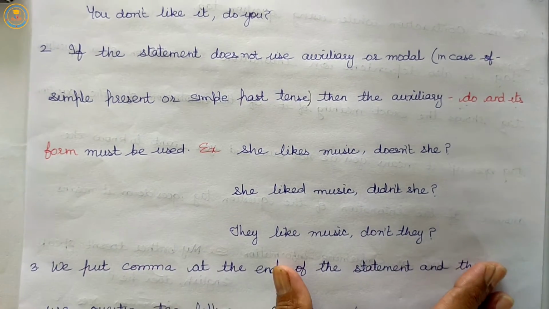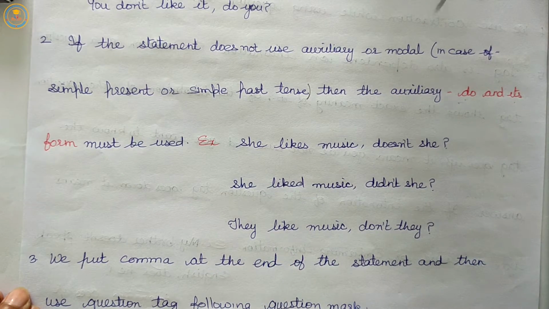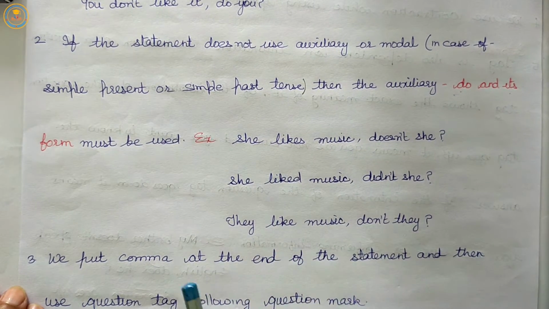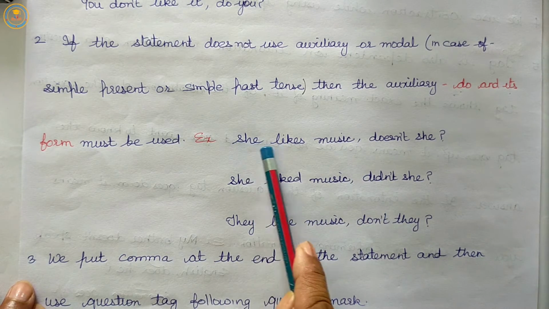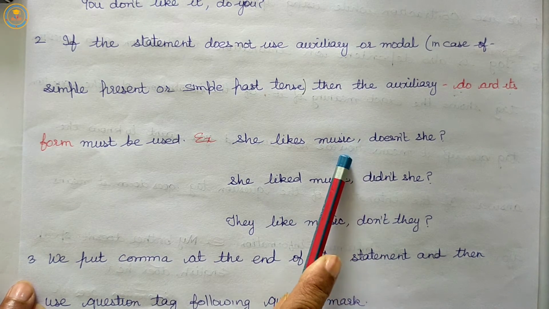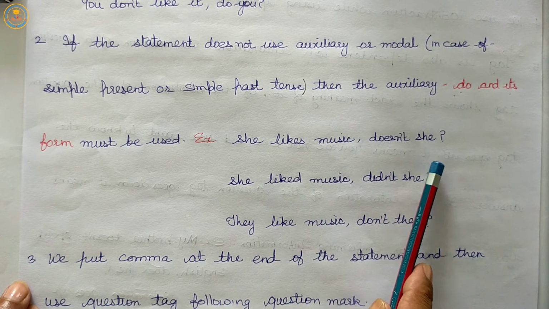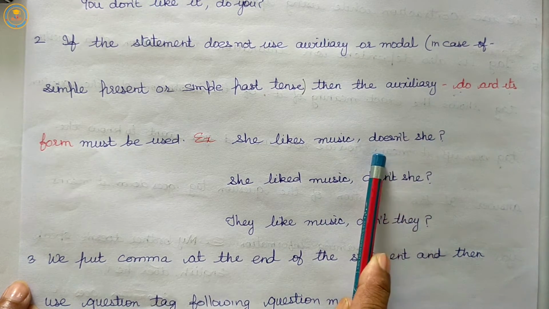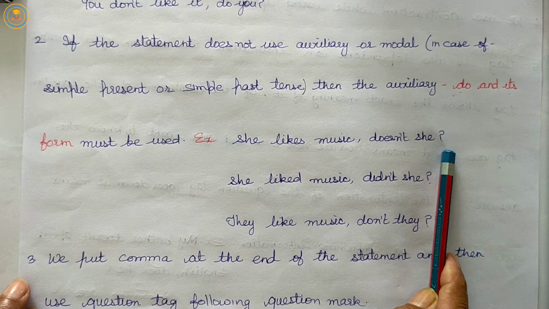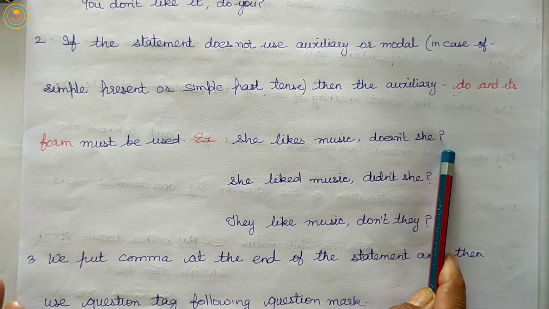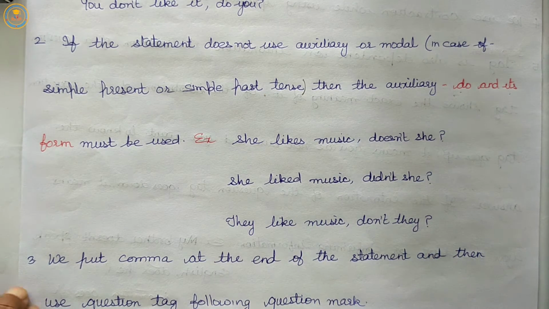Our next key point is we put a comma. Yes, we put a comma here. Listen, we put a comma at the end of the statement, and then we use the question tag here, followed by the question mark. This is the main base or the rule of forming tag questions.